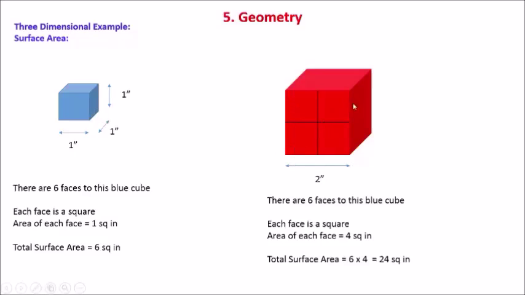So because this is 2 inches, 2 times 2, this area is exactly 4 square inches, right? And I have exactly 6 faces. Each one is exactly 4 square inches. So the total surface area of the red cube is 6 times 4, which is 24 square inches. Okay?